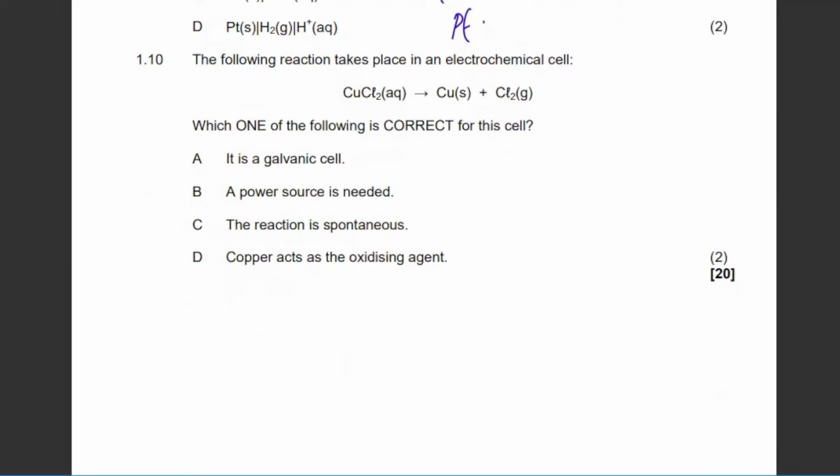Copper chloride. Is it a galvanic cell? Not really. Why is it not a galvanic cell? Check the species this side. It's only 1 species. So this one can't be.